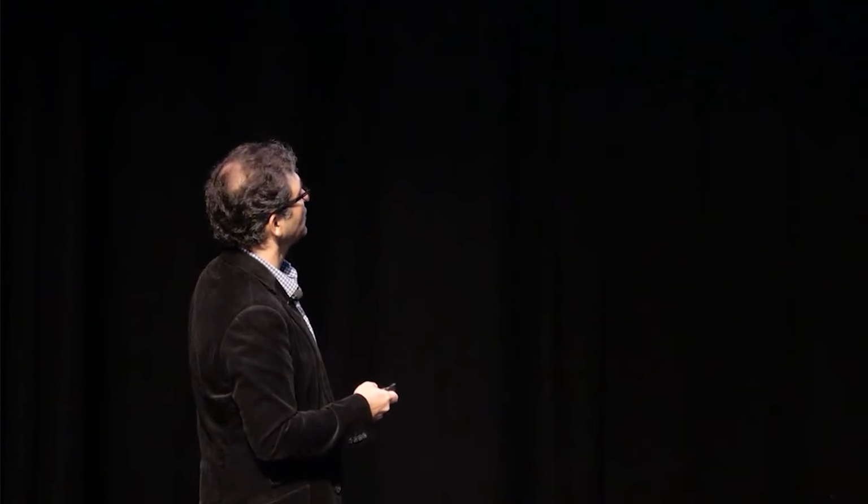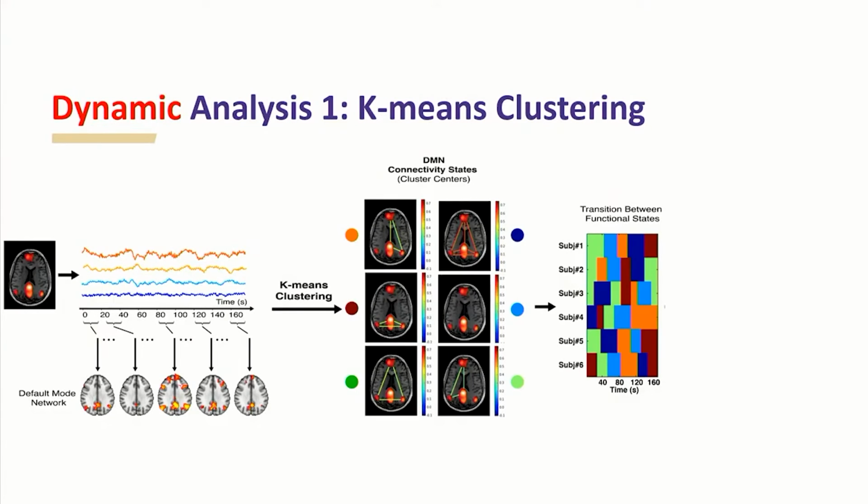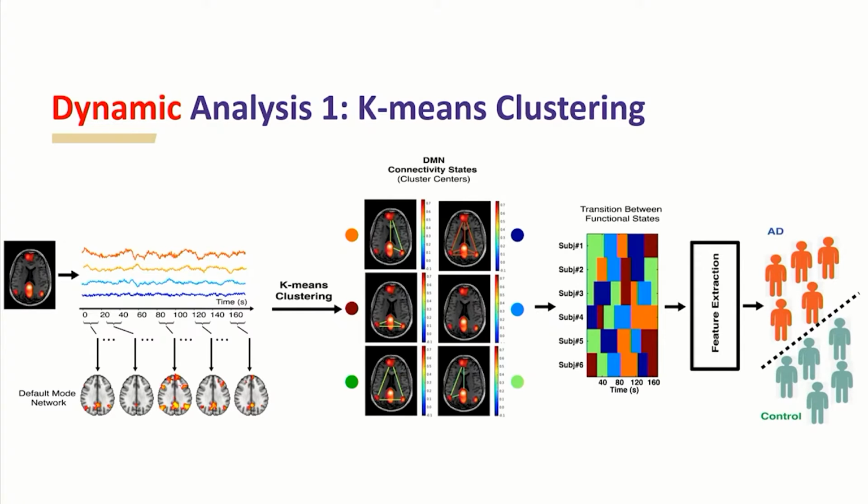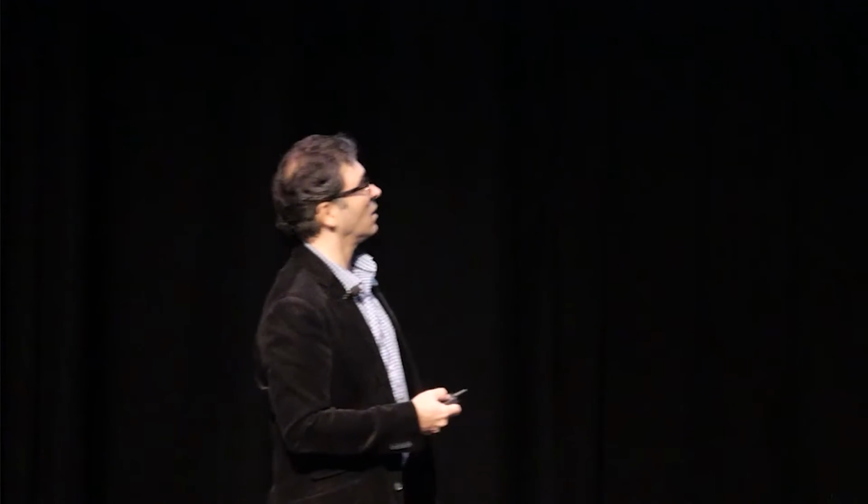And if we look at different subjects, we can see how they do the transition between different states. And if we extract some information from these transition maps, we can basically differentiate between Alzheimer's disease patients and healthy subjects.